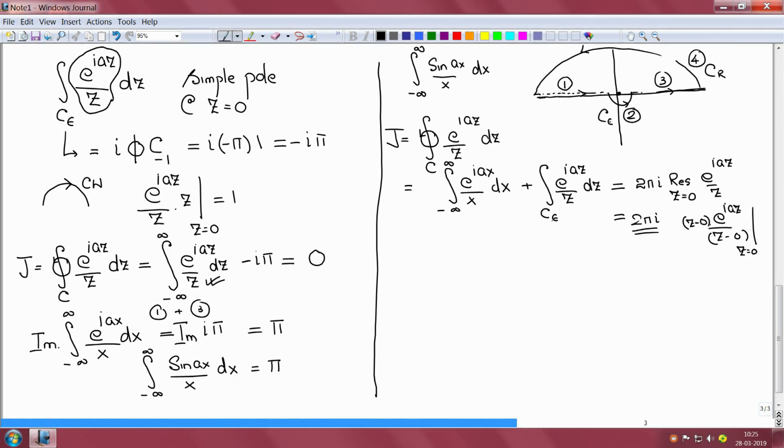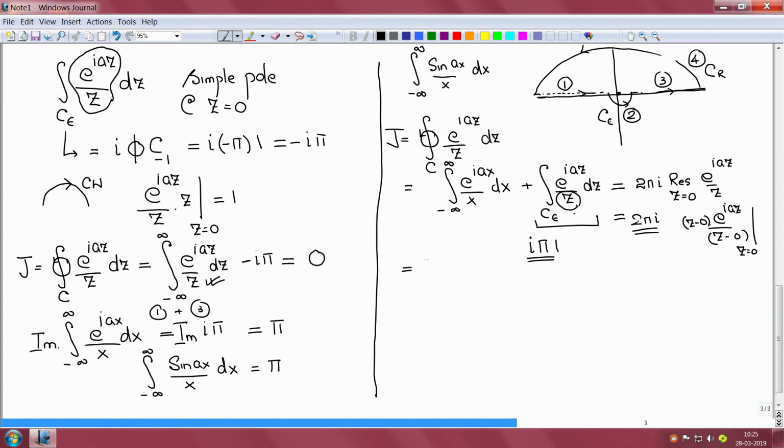Now, here again the second C epsilon theorem holds. So, z is a simple pole and we are going around a C epsilon contour. So, what happens is I get i times phi, where phi is the angle covered, which is pi, times the residue. Residue is 1. However, this time I am moving in the counterclockwise direction. So, the sign is plus. So, I get i pi from here and I have 2 pi i on the other side.